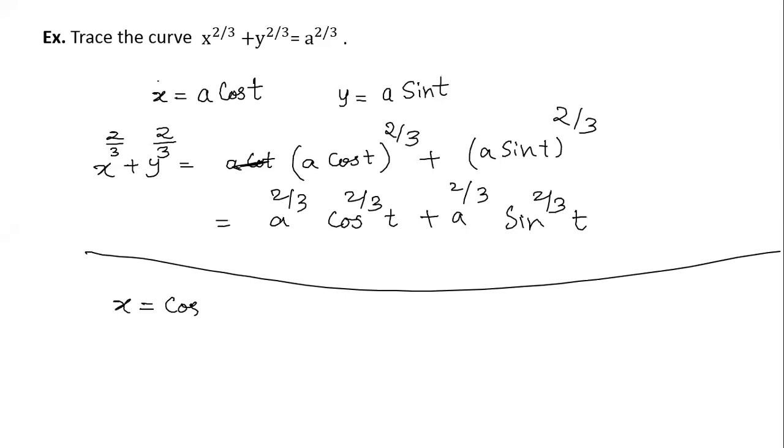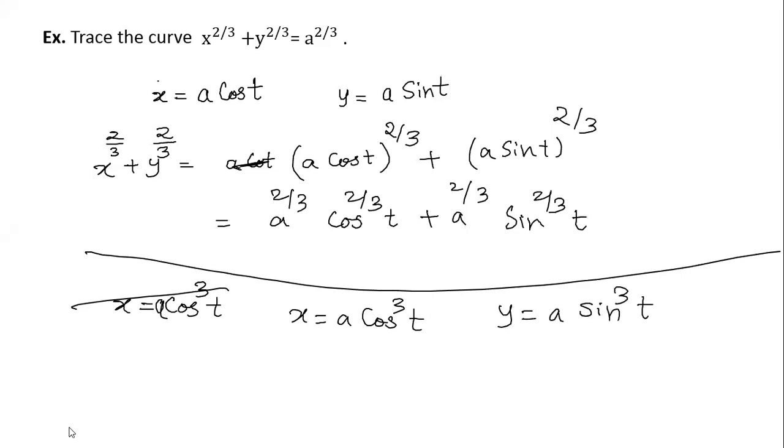X equal to a cos cube t, right? Okay, I am writing again. X equal to a cos cube t and y is equal to a sin cube t. So what will happen?